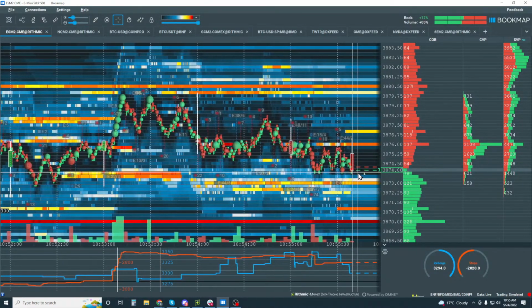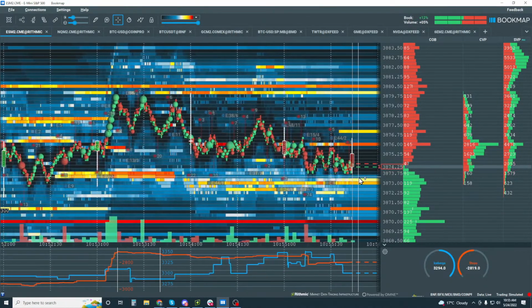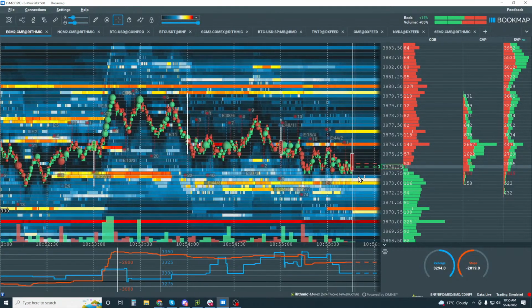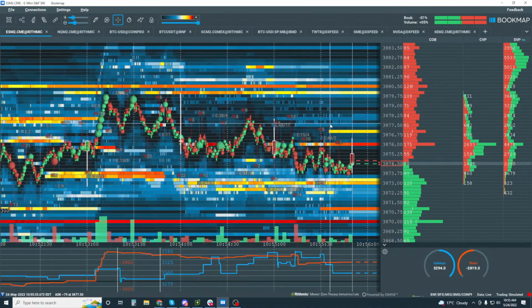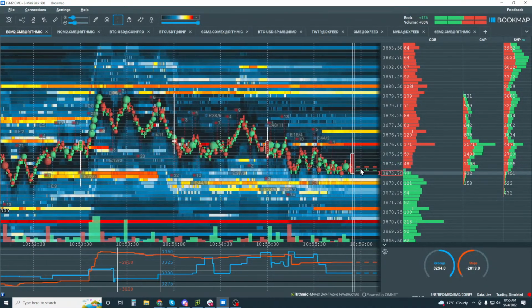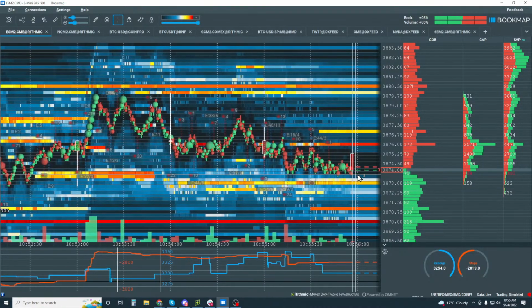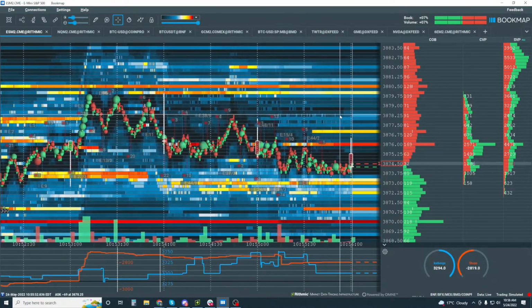Let's see if we get our selling here. And no. Okay, sellers, let's see it. Got some buyers on the hook here. Now if we can just push it a little bit more.